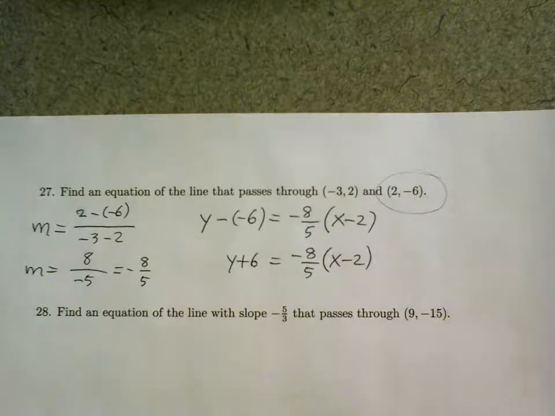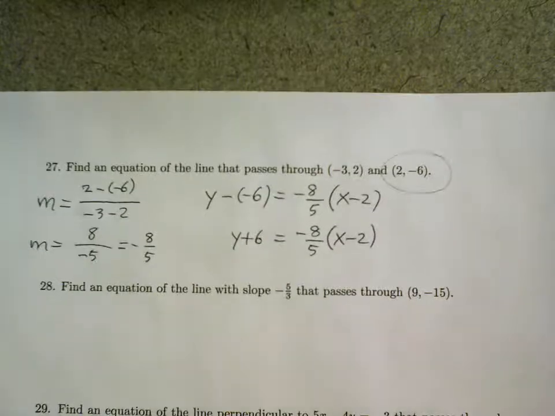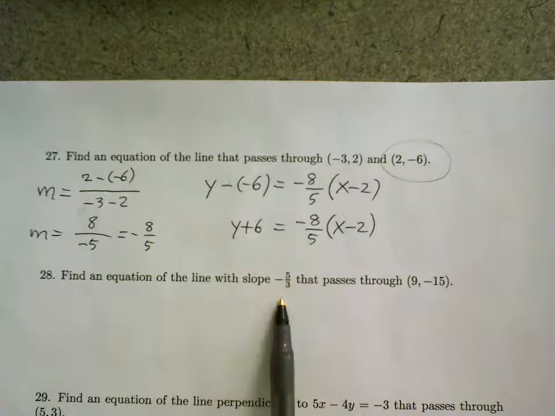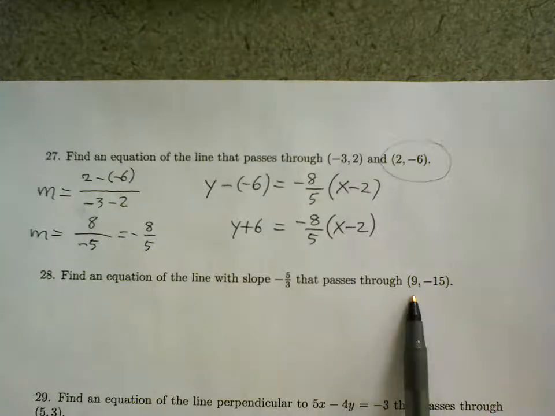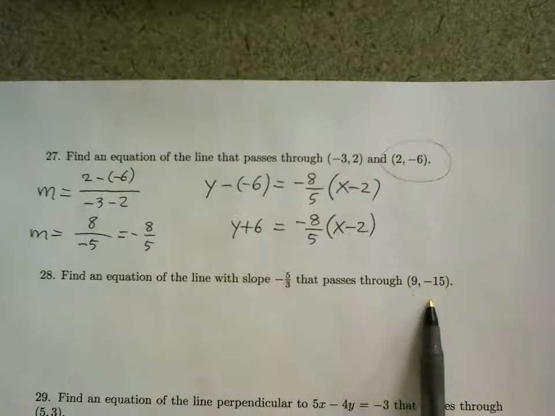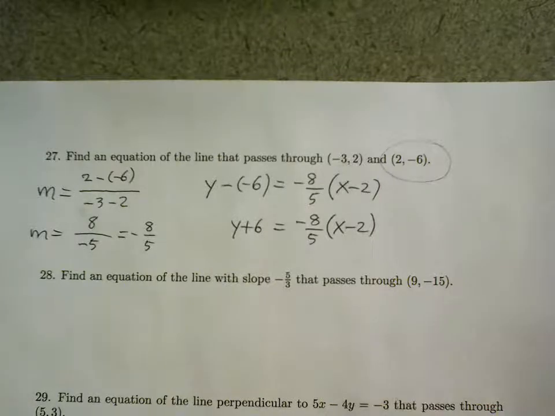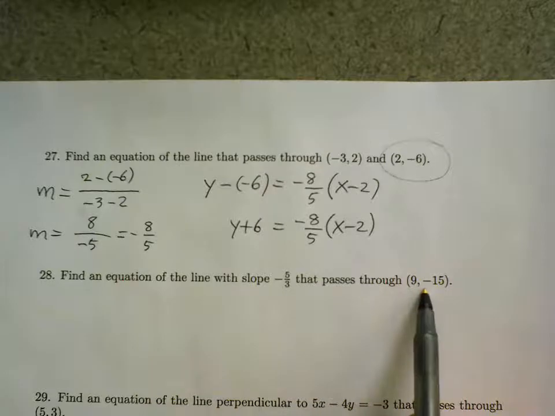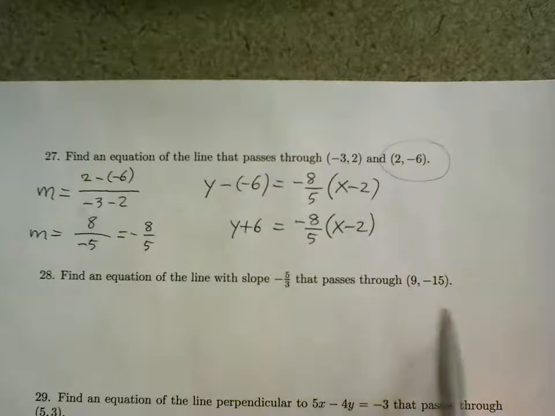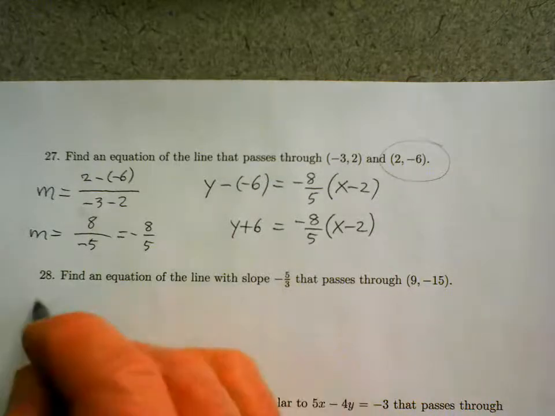Okay, the next problem, find an equation of the line with slope -5/3 that passes through the point (9, -15). This one's a little bit nicer because the slope is already given and a point on the line is given. So we can use the point slope form again.